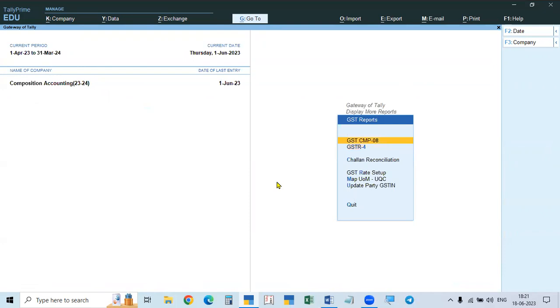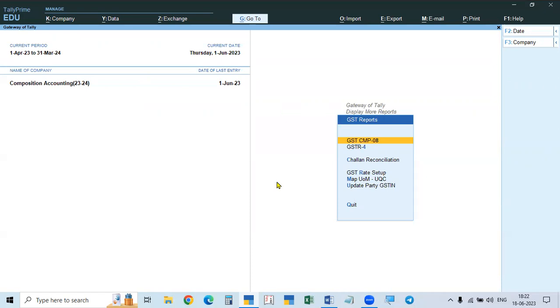The CMP 08 we are filing every quarter, so the total amount for all the 4 quarters will automatically be drafted and shown in the GSTR 4 annual return. The total amount will be shown auto-populated. We cannot change anything there. That will be disabled. Only the amount will be shown.